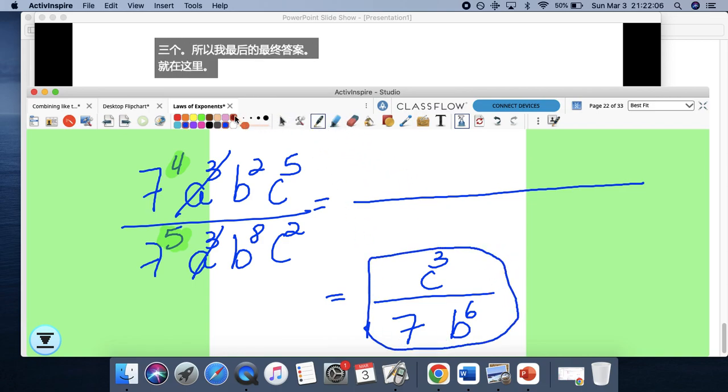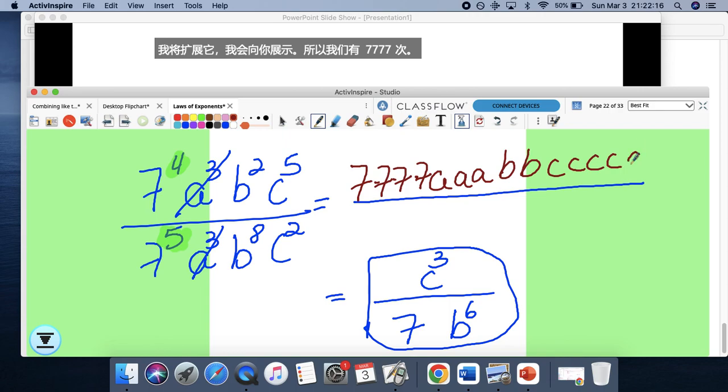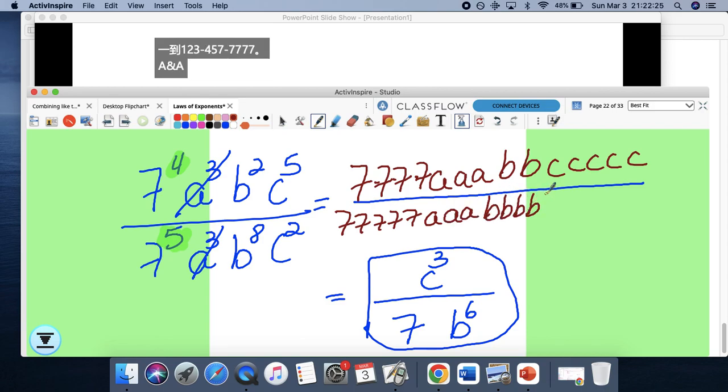I'm going to expand this and I'll show you. So we have 7, 7, 7, 7 times a, b, c's on top, and on the bottom 5 7s, a, and a, 8 b's, and then 2 c's.